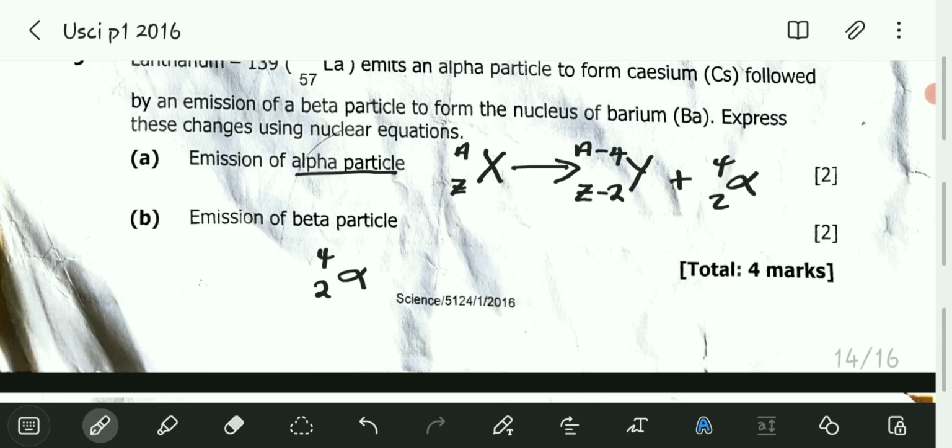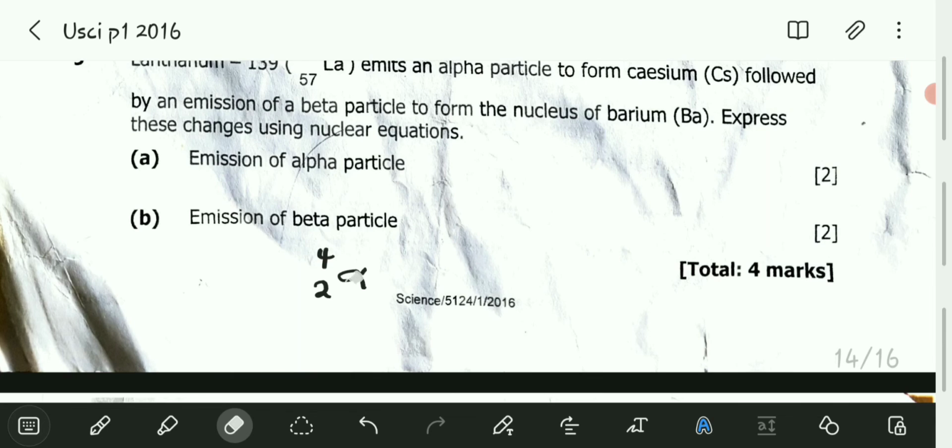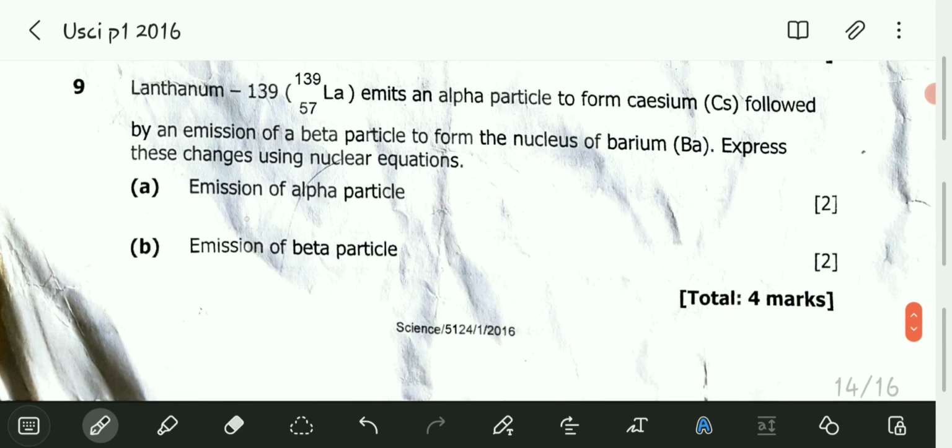Now let's look at the task at hand. Lanthanum, which is La, has a proton number of 57 and a mass number of 139. When this decays, the proton number 57 will reduce by 2, and the daughter is cesium, Cs.